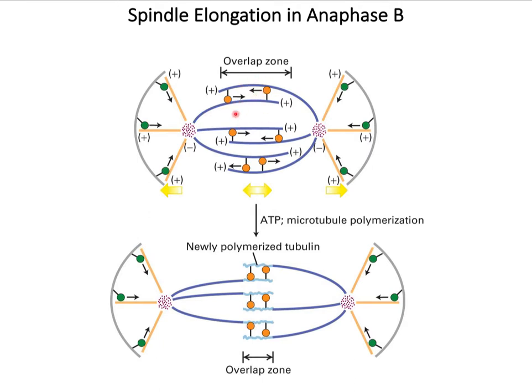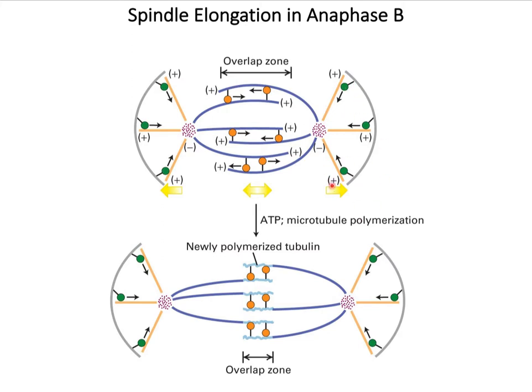The tails are interacting very tightly with one polar microtubule. The head of that kinesin is walking towards the plus end of the neighboring polar microtubule. That causes these two microtubules to push against each other, and that causes the elongation event.